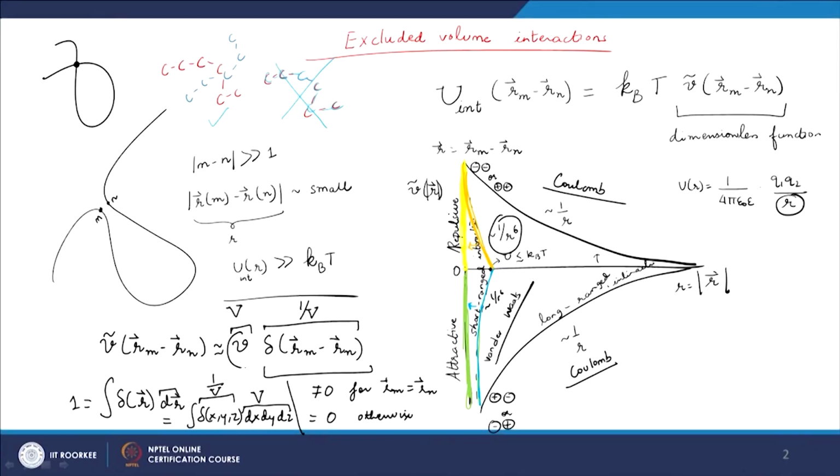Then we said that the delta function in 3-dimensional space will have a unit of 1 by volume, but V tilde must be dimensionless. So, we have to multiply the delta function with something that has a unit of volume, and we call that particular quantity V our excluded volume.